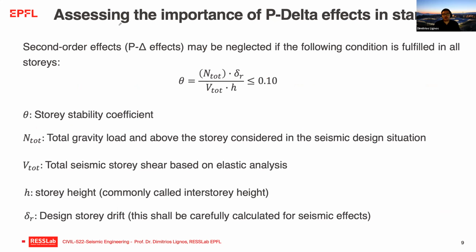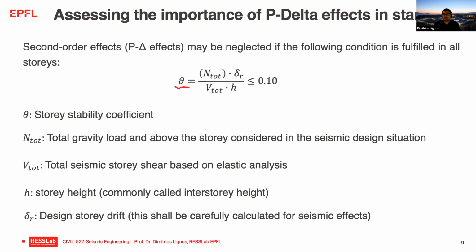So if we would like to assess the importance of P delta effects according to our design standards, this can be done by checking what we call the story stability coefficient for a frame.